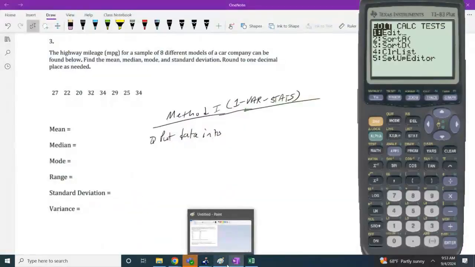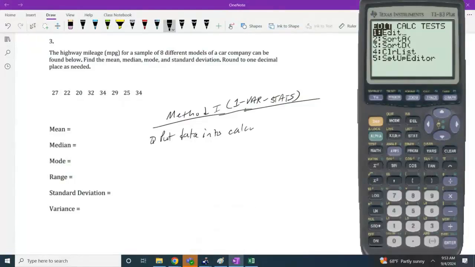All right, we want to put the data into the calculator. So I hit stat. All right, I'm going to choose that first option, which is edit, and hit enter.